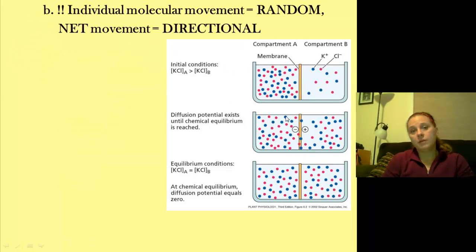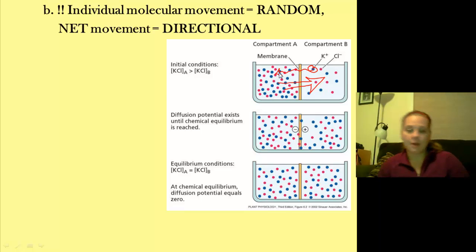Those individual molecular motions, that's completely random. You can't control a single molecule. It's bebopping around. Again, net movement, overall movement is going to be directional. So when I look at this, my overall net movement is this way. However, this little bugger here can still go that way.